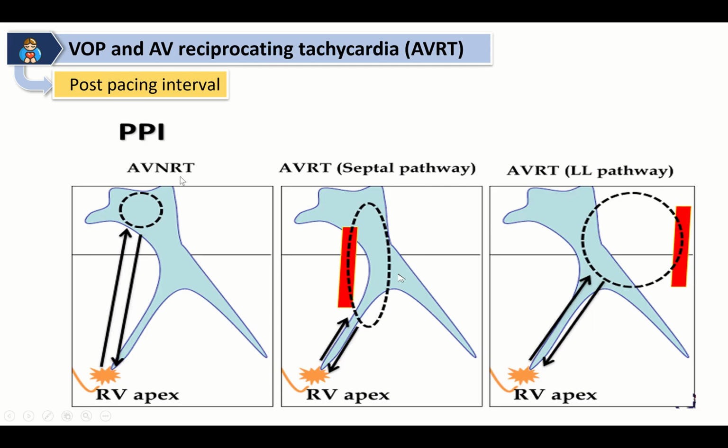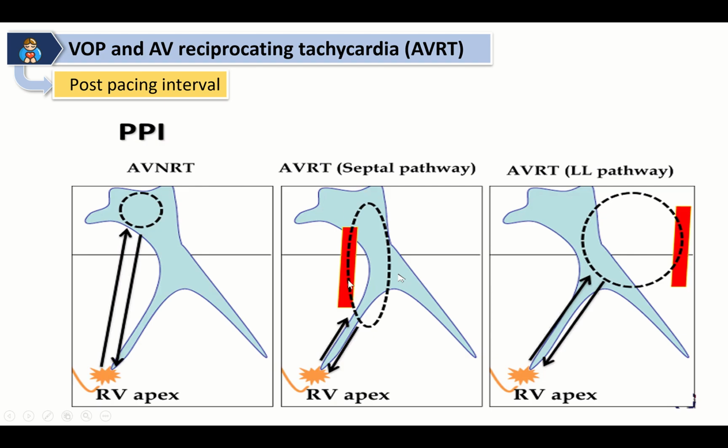So this is the AVNRT, and when we start pacing we give an extra stimulus and a ventricular beat. It will come from the RV catheter, take a very long trip, reach the AVNRT circuit and take one cycle, exit, and come back on a very long trip to the RV catheter. So the difference between the post-pacing interval and the cycle length, in a circuit that does not involve the ventricle, is very long in AVNRT, more than 115.